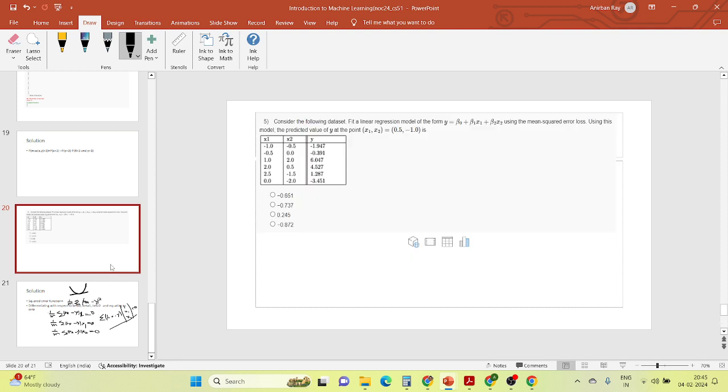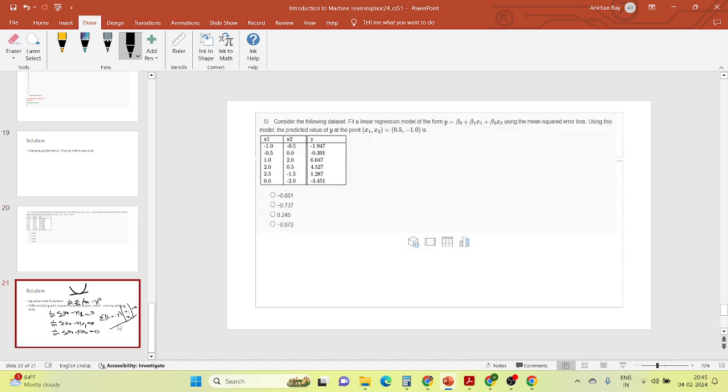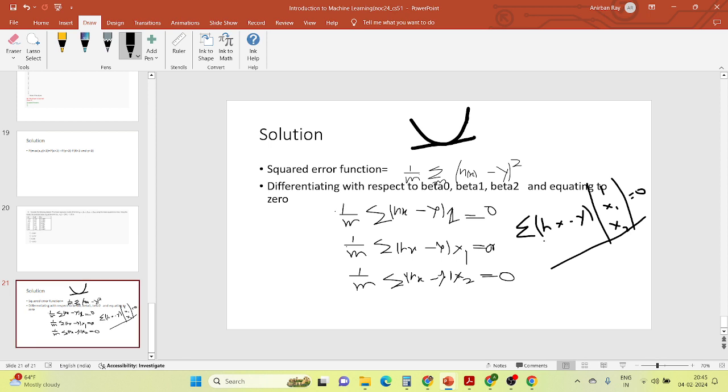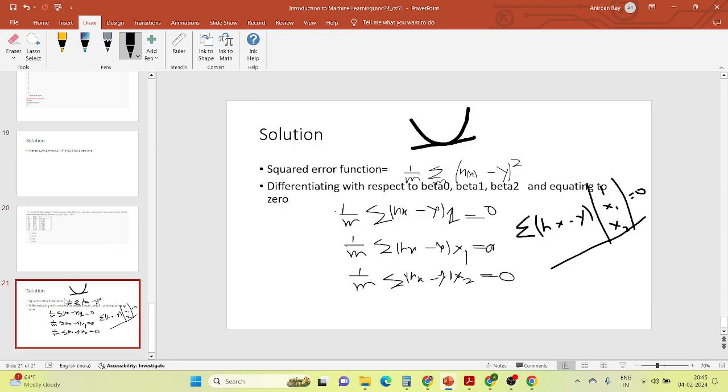Okay, and these were the six training examples which will fit this. So there were six expressions. This is the one. Okay, I have this one.